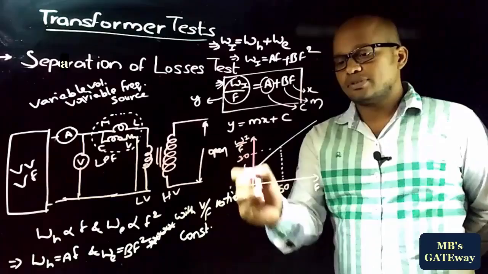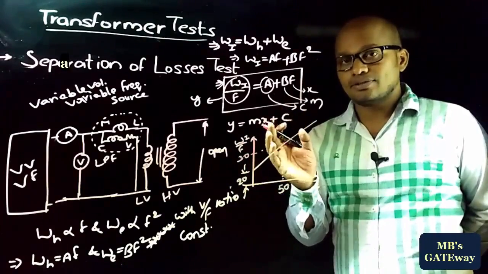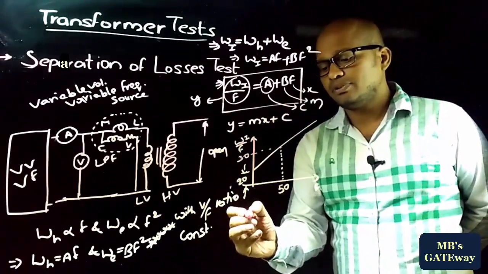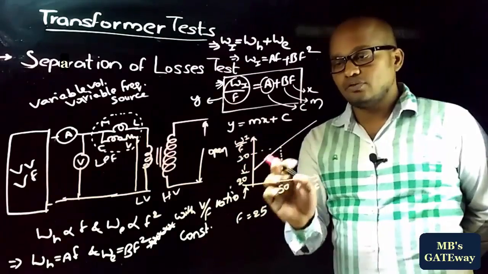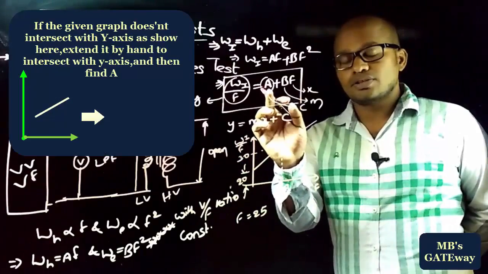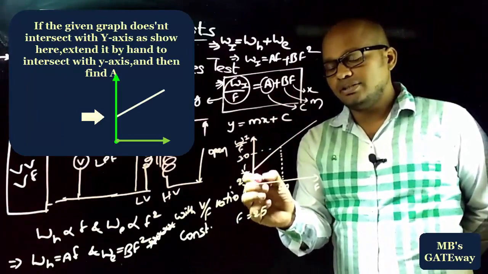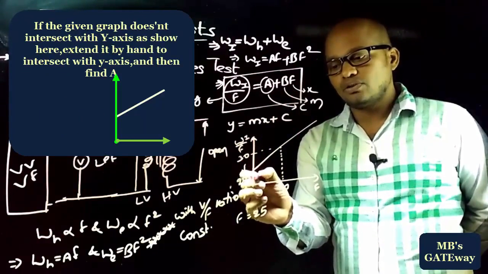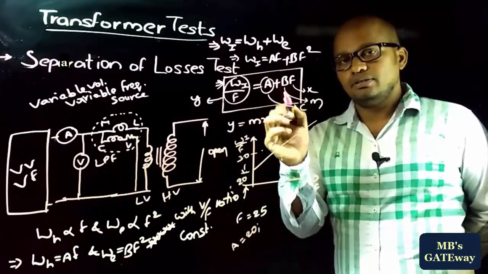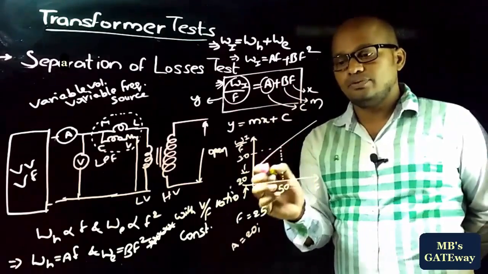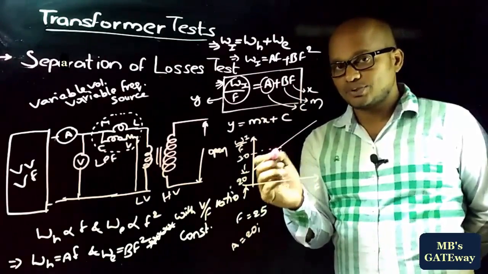In numerical problems, a graph will be given like this, and it will be asked to find the hysteresis losses and eddy current losses at a particular frequency, let us suppose at 25 Hz. Then by observing this graph, you must first find the constant A and constant B. From the origin to this point it represents constant A, and here constant A is 20. B is the slope of the line, and if you take any two points on the straight line, slope B is equal to y2 minus y1 by x2 minus x1.